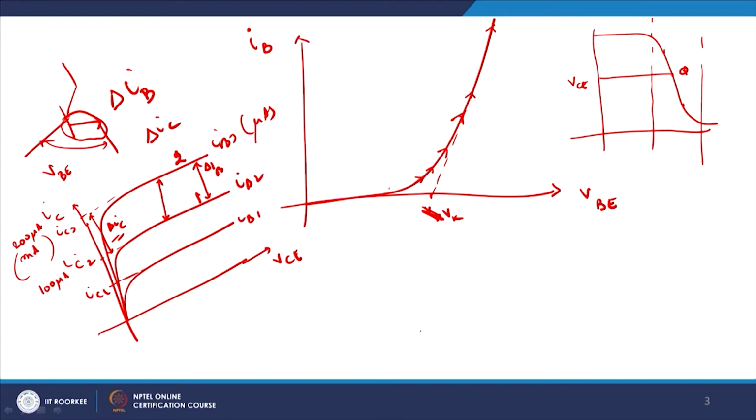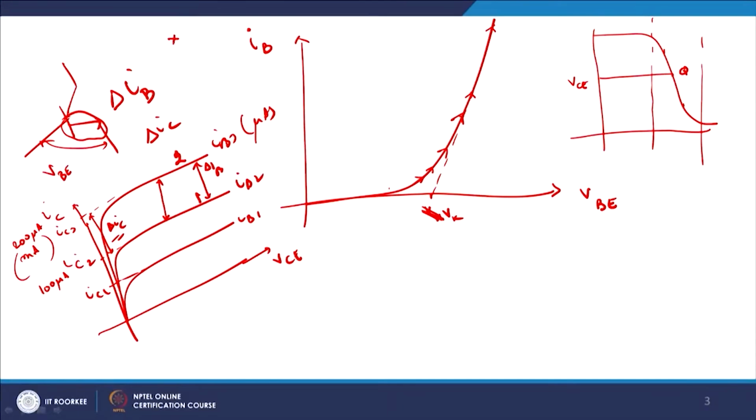The increments themselves are different, obviously 100 times larger, but I am sure that if I increase the base current once, my collector current will also increase once. If I increase the base current twice, my collector current will also increase twice. Why? Because I am in the linear region of operation.